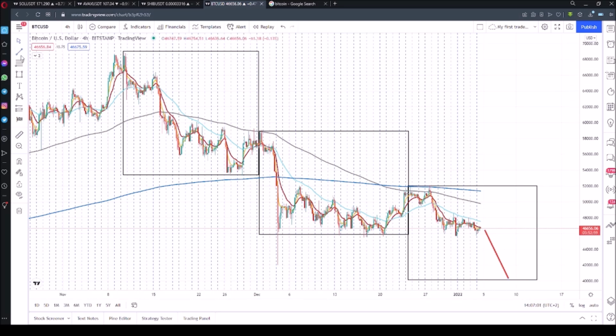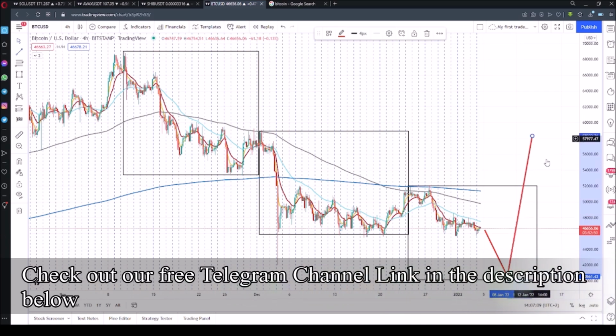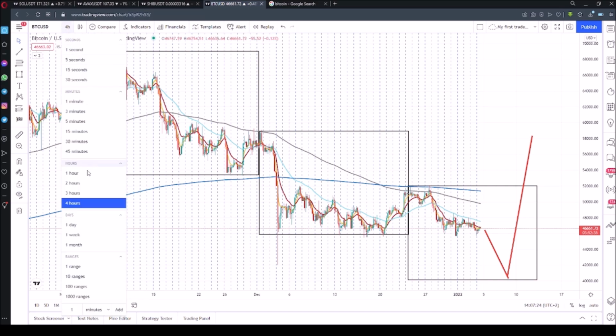So we are still expecting to see Bitcoin dumping, probably to reach the 40,000 handle before it starts going up again. So to verify if these moves are actually complete, we need to see 3 more moves within each higher time frame move. So to do that, we go on the H1 time frame.